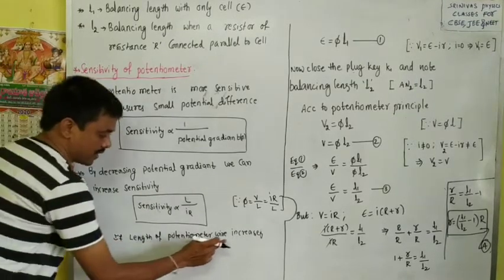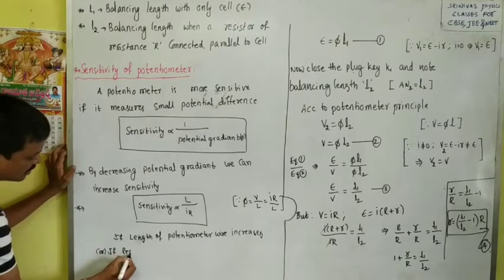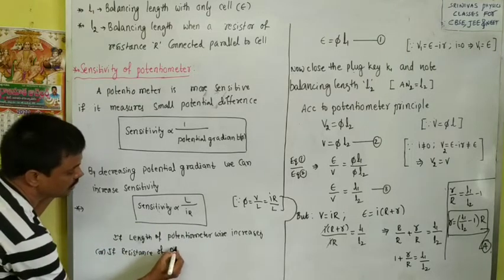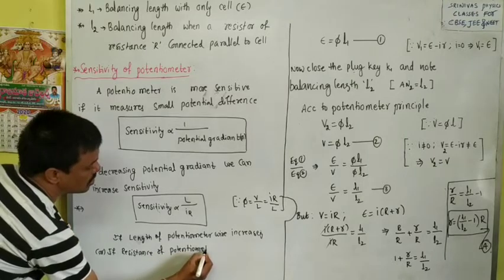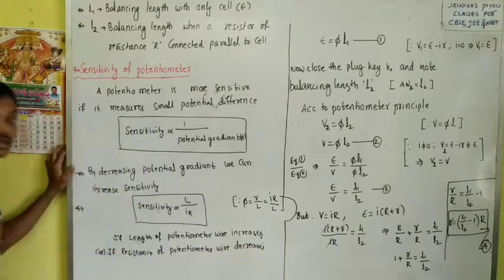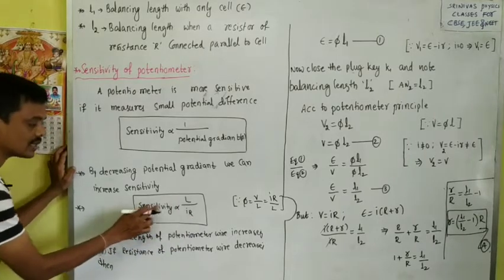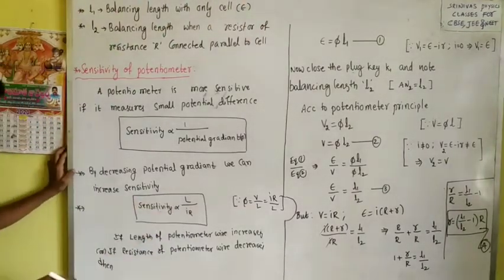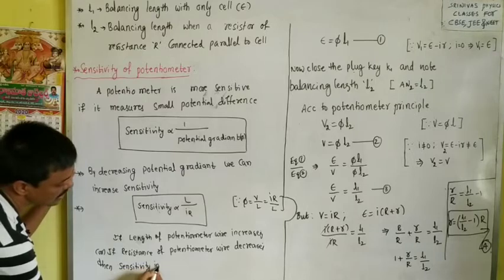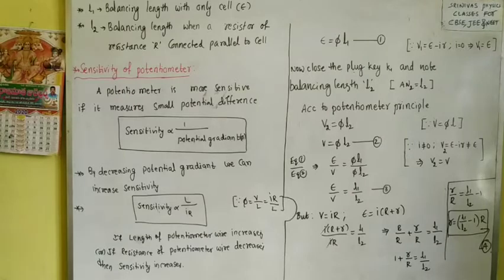If the resistance of the potentiometer wire decreases, then sensitivity increases. Okay, R decreases means sensitivity increases, L increases means sensitivity increases, because sensitivity and L are proportional, right? Then sensitivity increases.